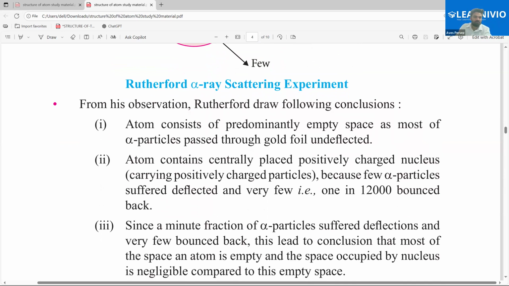Structure of atom. Okay, so these were the observations of the Rutherford model. You can write it.